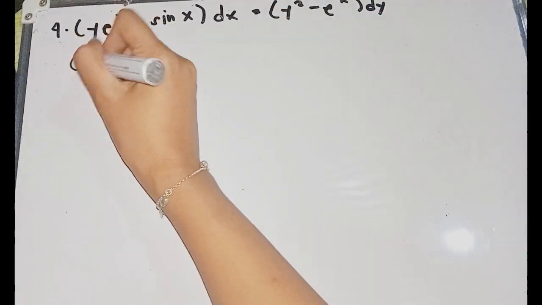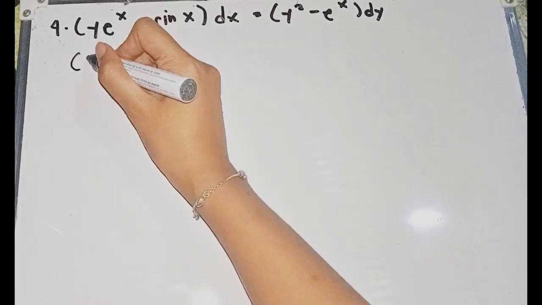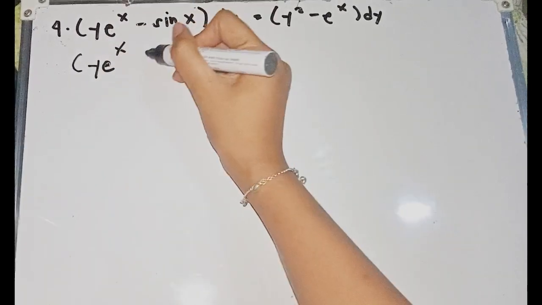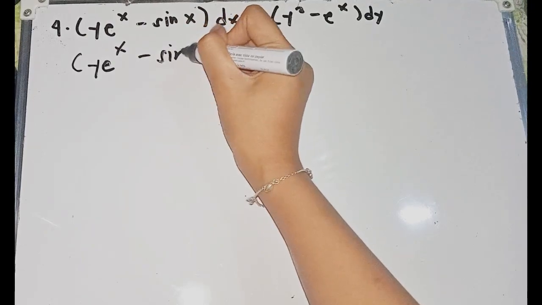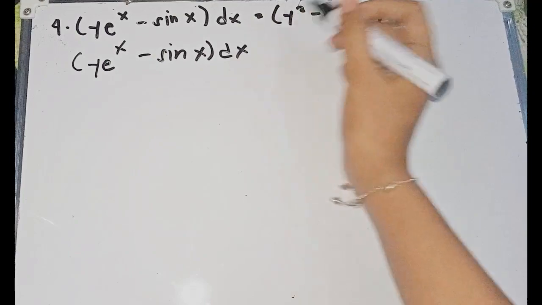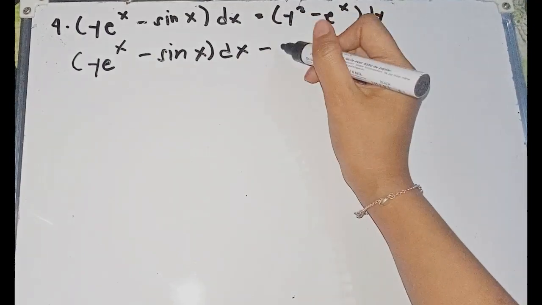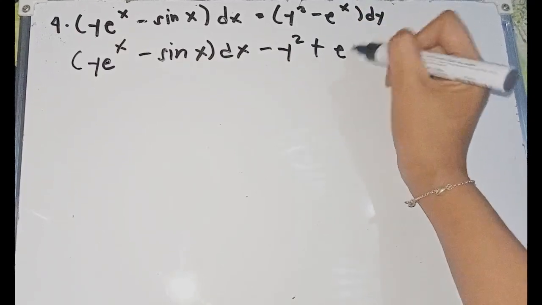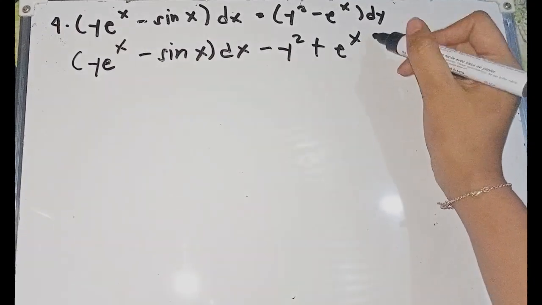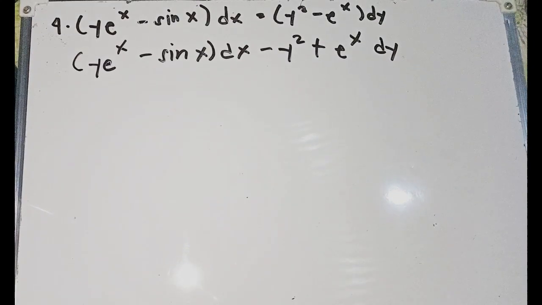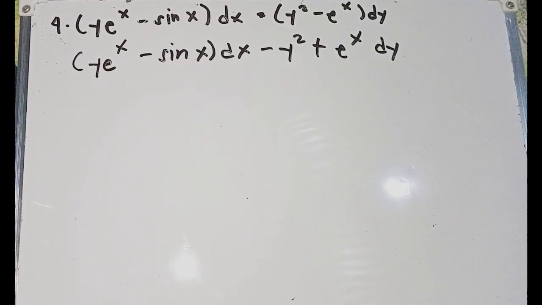So y(e^x - sin x) dx minus y squared, then this will become plus e^x dy. We will now test if they are exact.